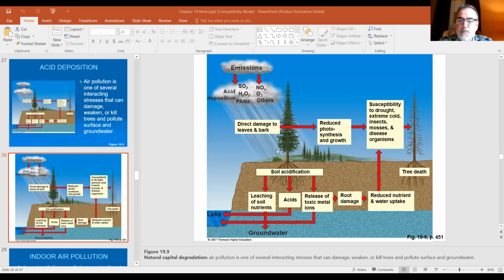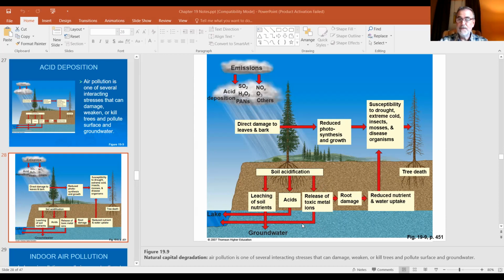But as this very acidic water moves through the soil, if it has a very low pH, it is more likely to bring with it some of these metals like lead and so forth, so there's a release of toxic metal ions. These can then be brought down, not only damaging the roots, but also down to the groundwater and feeding the lakes and everything else.